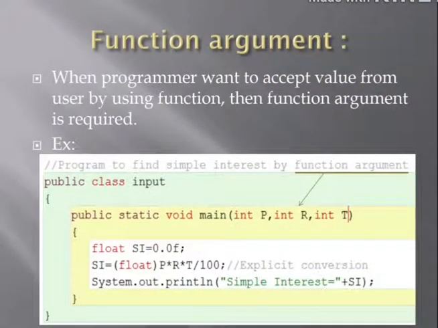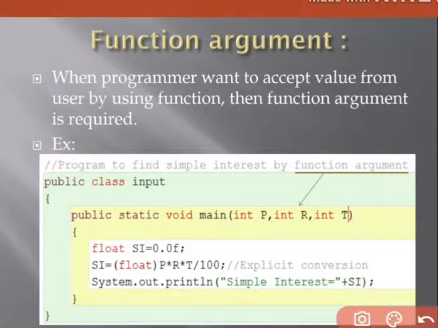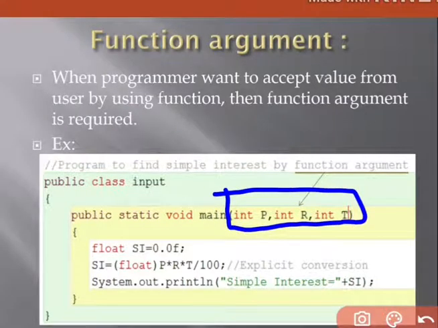Now in this case, in place of string args, I have written int p, int r, int t, and from here I removed all these lines and placed them on top.